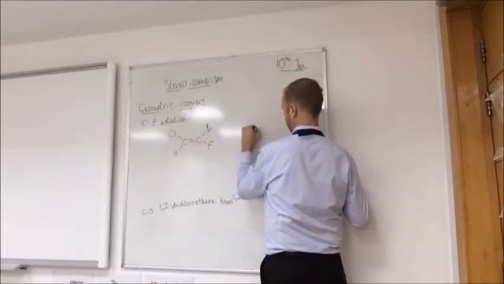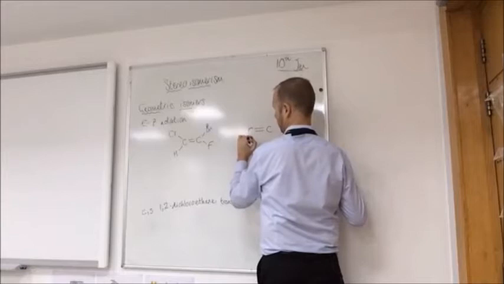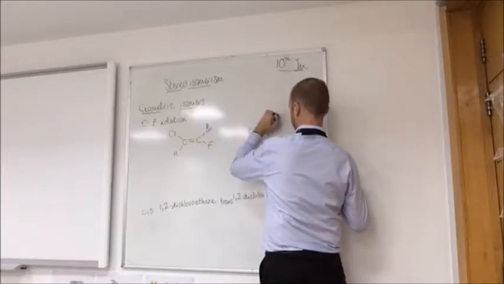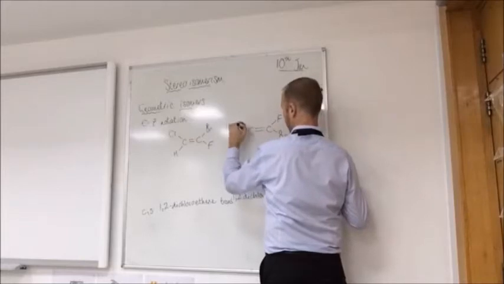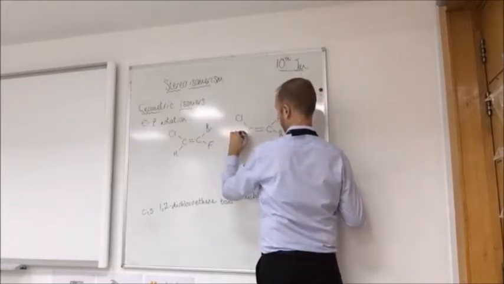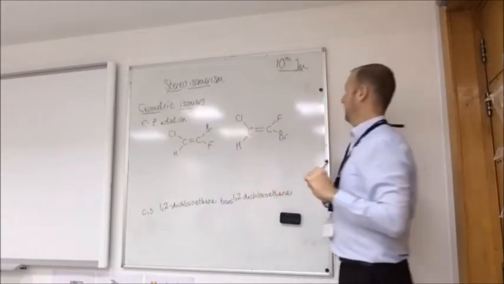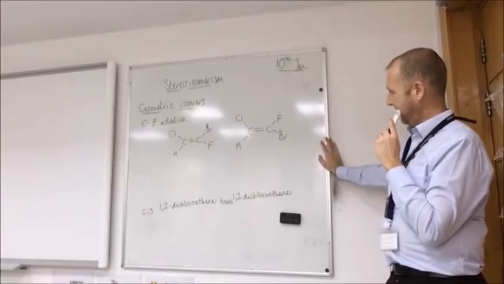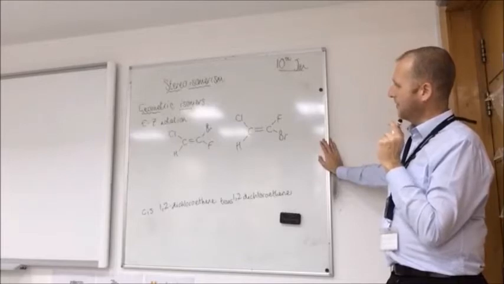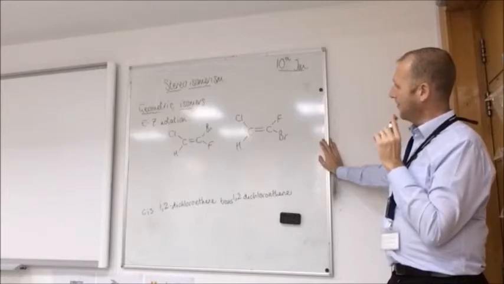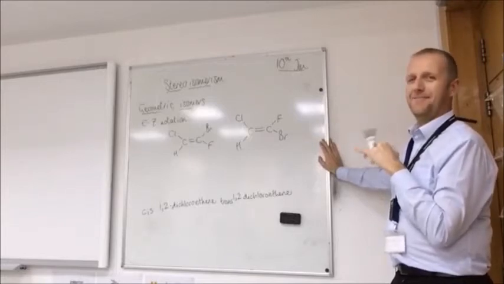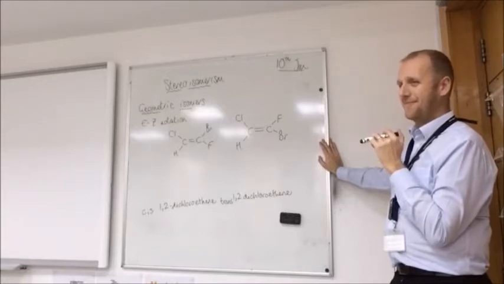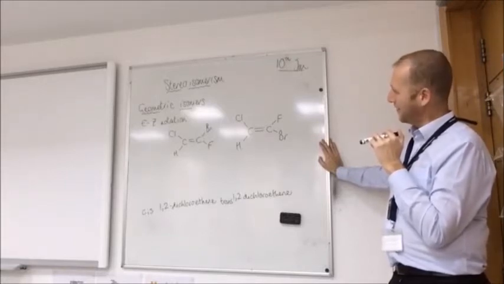Just trying to work out what to call this at the moment. It's like 1-bromo, 2-chloro, 1-fluoro, ethene. Keep the numbers low, put it in alphabetical order.